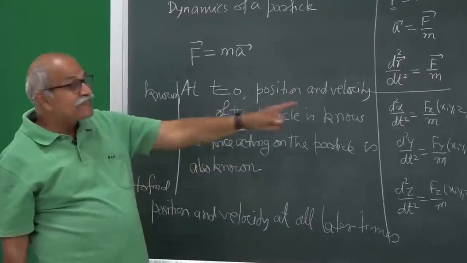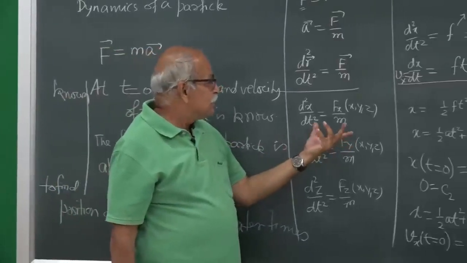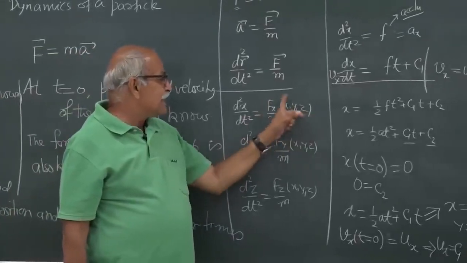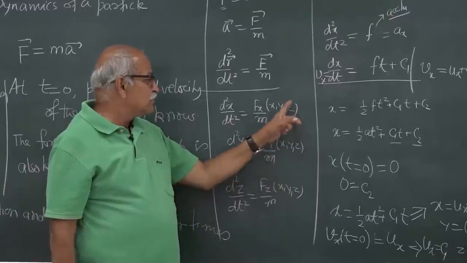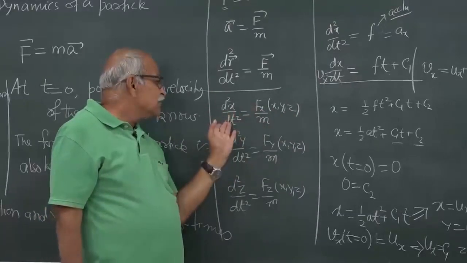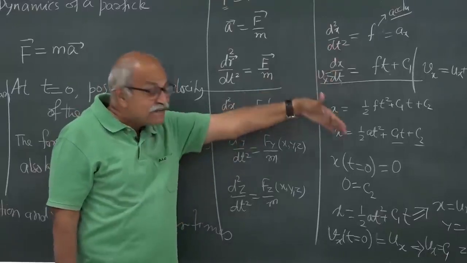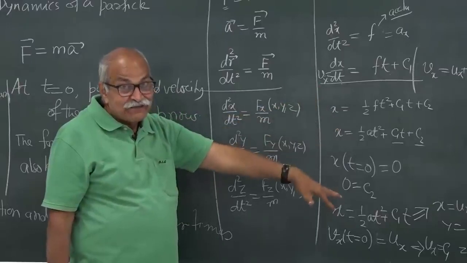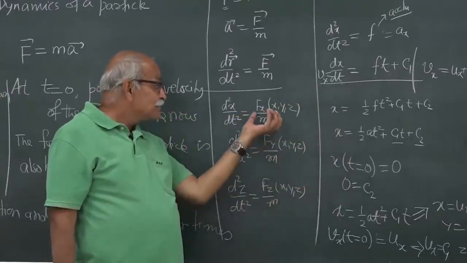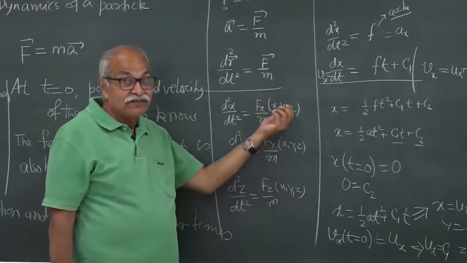If it is not constant, then there are techniques. If you have this kind of equation, but then this depends on x, or it depends on y, it depends on z, or it depends on time, then you have techniques of integration, and from there you will rederive the corresponding equations which will depend on how this fx, fy, fz are depending on x, y, z or time.